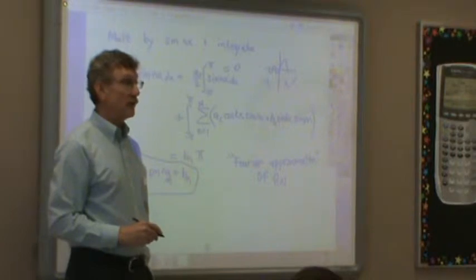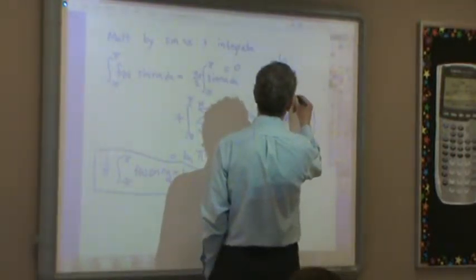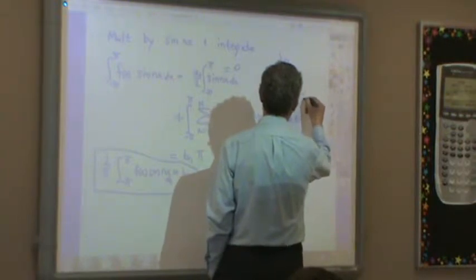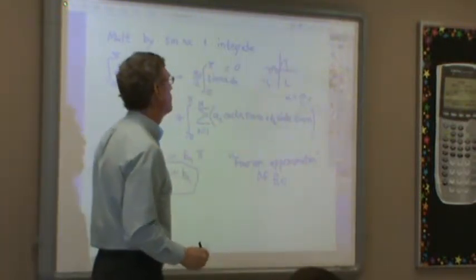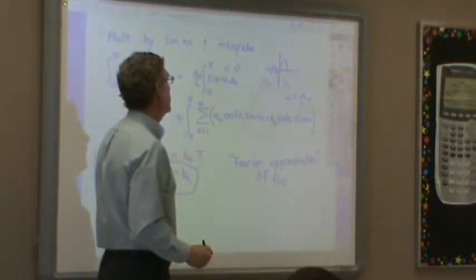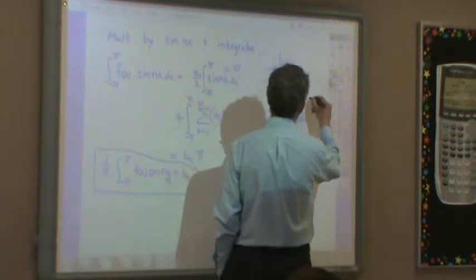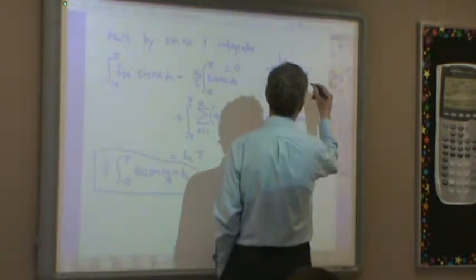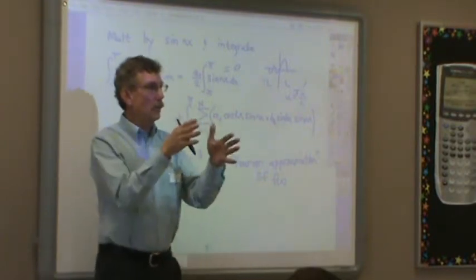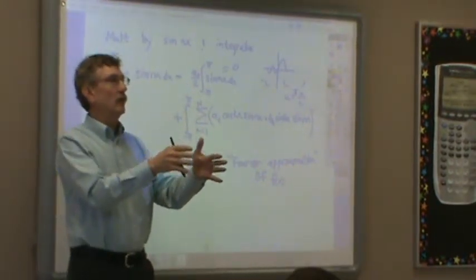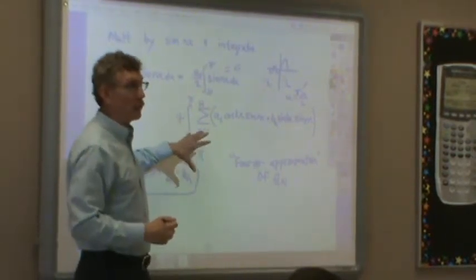U substitution, does that sound right? So you do something like u equals pi x over L. And that substitution simply transforms the interval from negative L to L to an interval negative pi to pi, and then all the theory that we're developing here works.